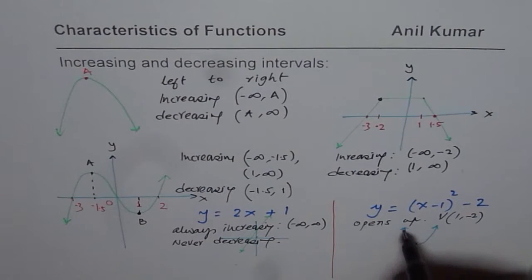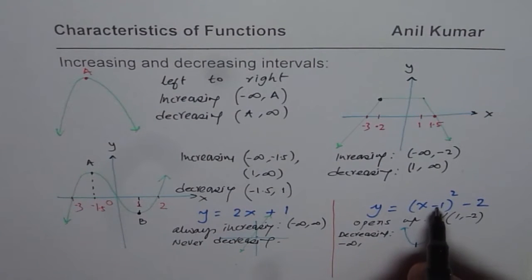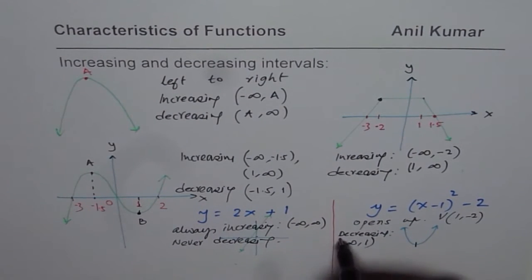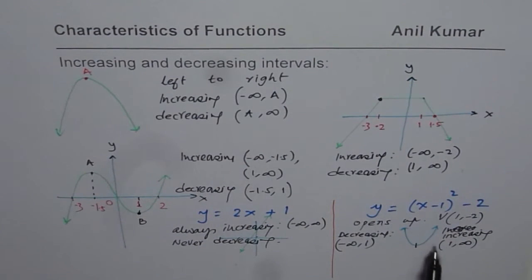As you see, it is decreasing first and then increasing. So let me write decreasing. The interval here is from minus infinity to the x value, which is 1, right? And increasing from 1, the x value, to infinity. Do you see that?